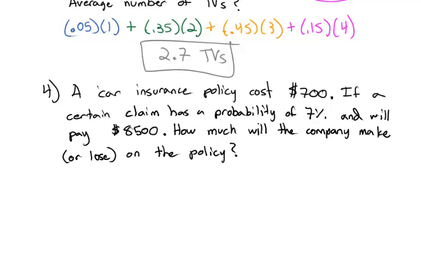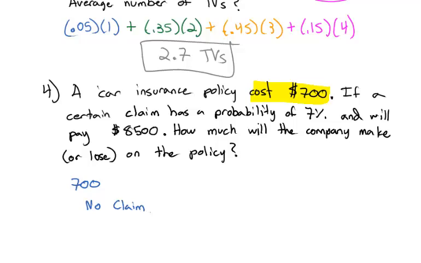Here, there's something to remember, that the insurance policy is going to cost $700. That cost is paid out whether or not a claim is filed. So the insurance company is going to bring in $700 regardless. So one possibility is the insurance company brings in the $700 and we're going to say no claim.